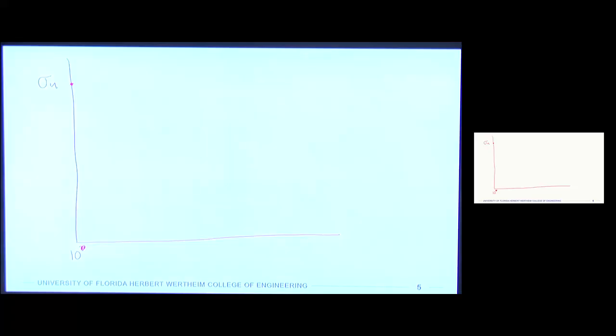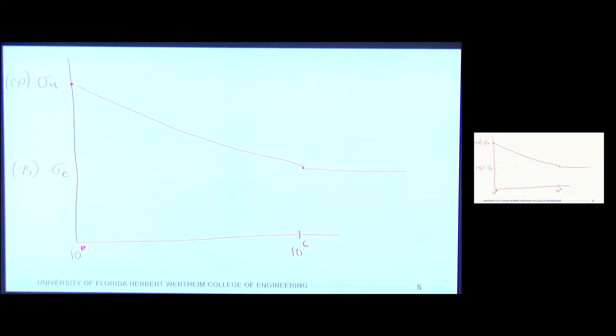And then we will draw a straight line out to 10 to the 6 cycles at half of that value, which is the endurance limit. It's not exactly half, but you get the idea, and then we'll draw a straight line from here to here, straight line on a log-log plot, like that. So that's our endurance limit that we were given in the problem. So that's 75, and then up here is 150.